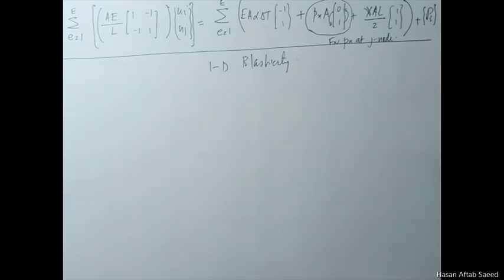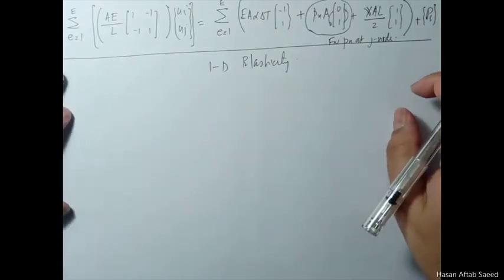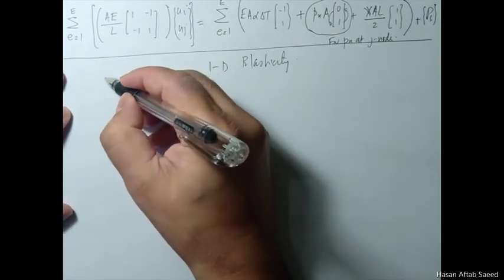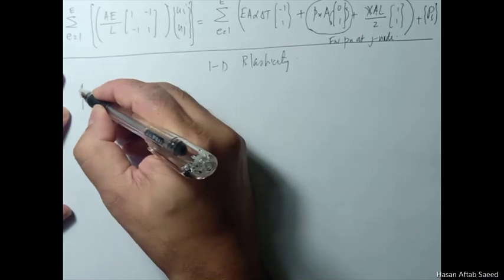Now let's look at some problems, and that is the easier part. By far the easiest part is application of this. The hard work you have already done. For example, we take the first problem here.